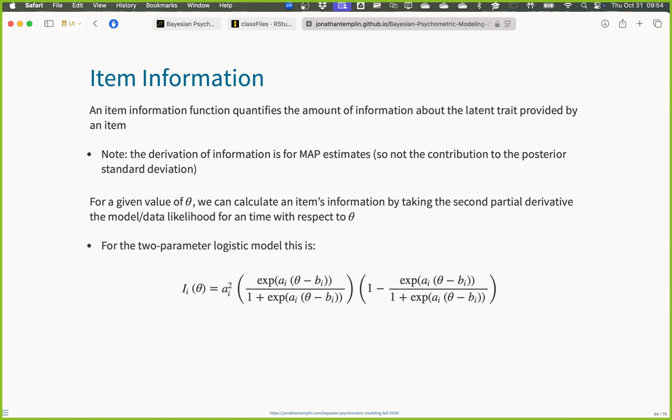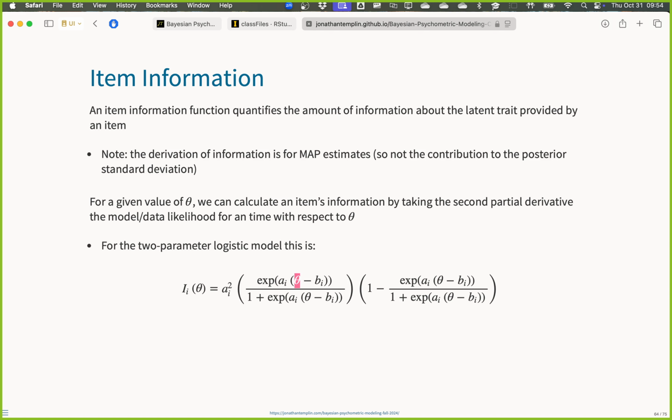Item information here, for us, the way that we define it is the derivative of the item response function with respect to theta, right? And actually it's the second partial derivative with respect to theta.